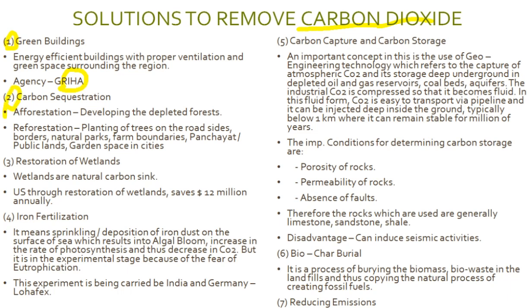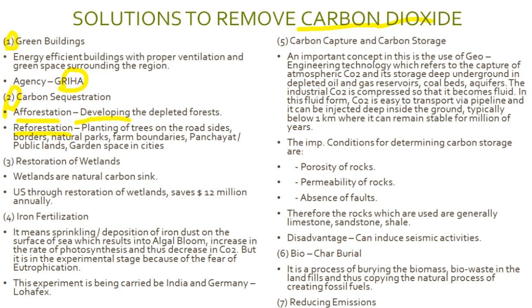It can occur by developing areas which act as carbon sinks. Do you know, guys, tropical evergreen forests are the largest carbon sink in the world, and therefore they are known as lungs of the world. So, we can do it either by afforestation and reforestation.